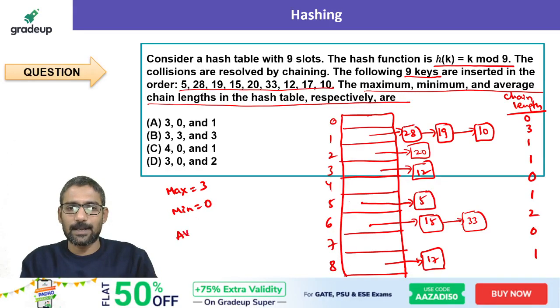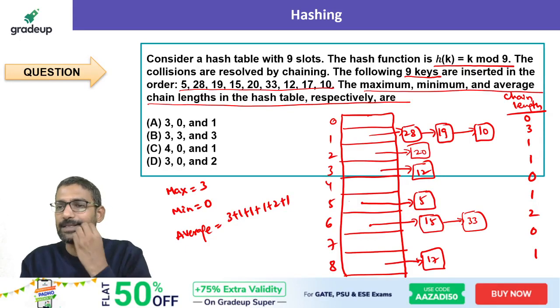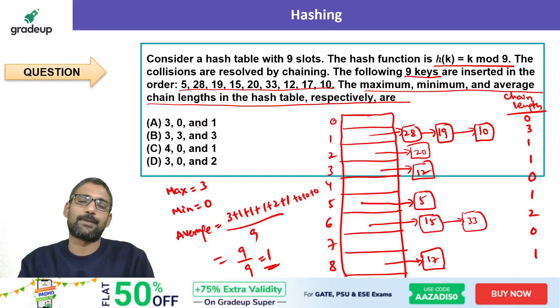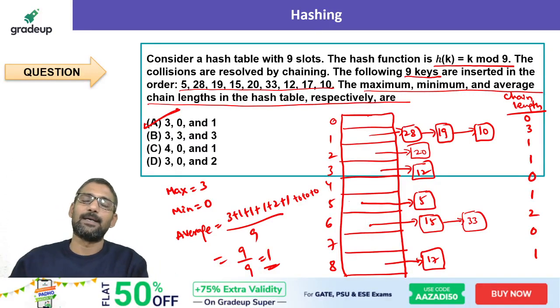And let's take an average. 3 plus 1 plus 1 plus 1 plus 2 plus 1. Remaining 3 zeros we have, so I have excluded them, divided by 9. Means 0 plus 0 plus 0 you can add if you just want. So it is 5 plus 4, 9 divided by 9, 1. So what is the average chain length? 1. So 3, 0, 1 are the maximum, minimum and average chain lengths.